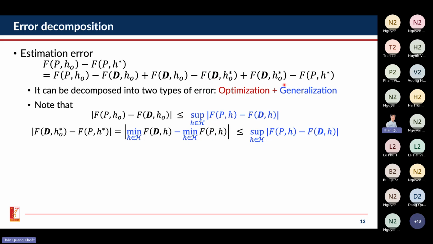The last two terms can be represented by this formula, right? Because by definition, S0 star is a minimizer of the empirical loss, right? And in other words, we can write by this term.